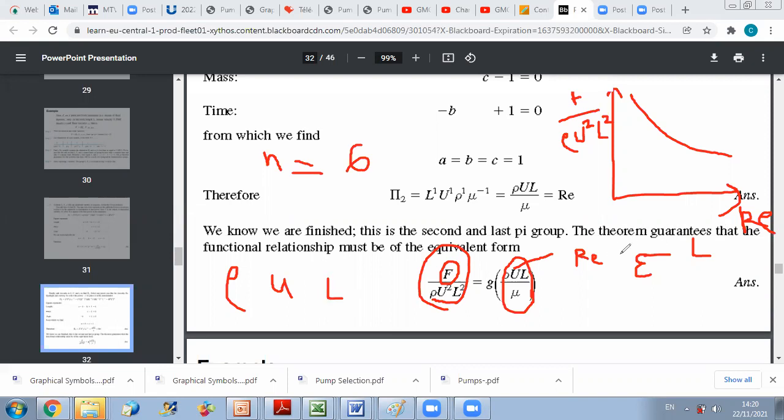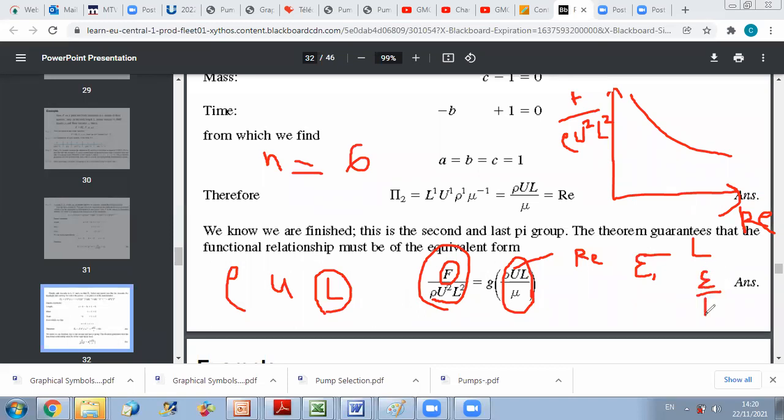But in general, we consider that L is easier to change than epsilon. So we consider that these are the independent variables, and then the corresponding group will be epsilon over L.